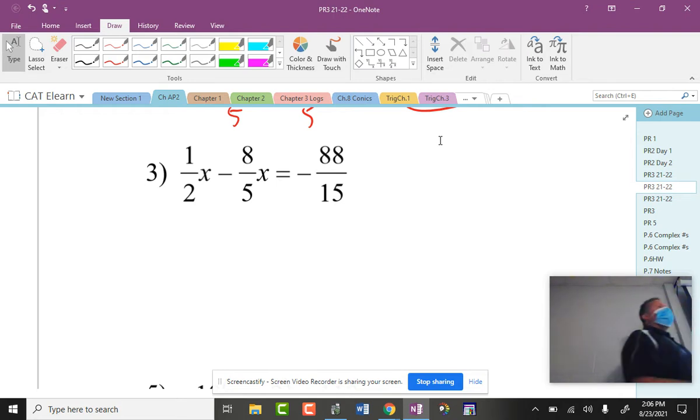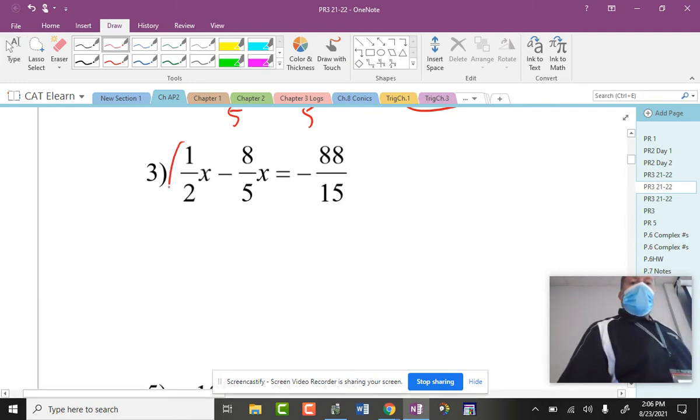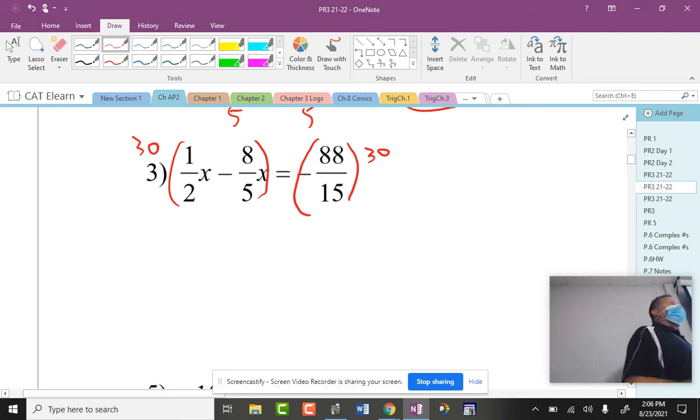Like, what does 5 and 15 both go into evenly? Isn't that 15? Yeah. But what about 2, 5, and 15? What do all of them go into evenly? 30. All right, so that's what you want to do on that. And then whatever you do to one side, you do to the other. Even though I like fractions, I like to get rid of them. And this is a good idea when you have fractional equations that you have to solve.